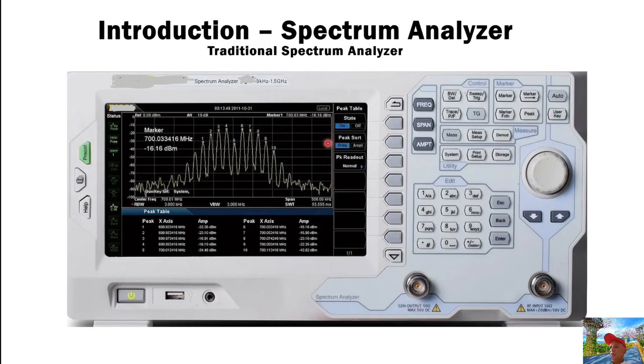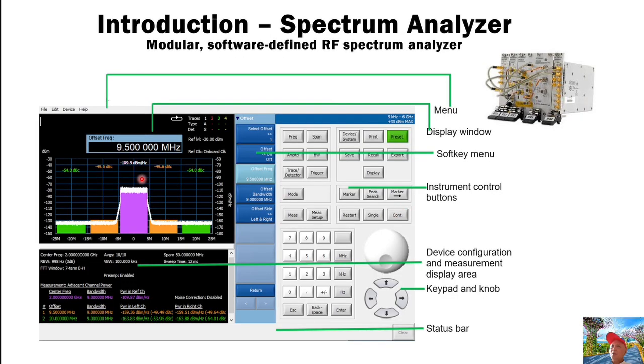And this is a traditional spectrum analyzer. I see all these frequency components here, and each frequency that we are reading here is the power of each frequency component. And this is the user interface. And this one is a modular software-defined RF spectrum analyzer. These are the so-called PXI modules.